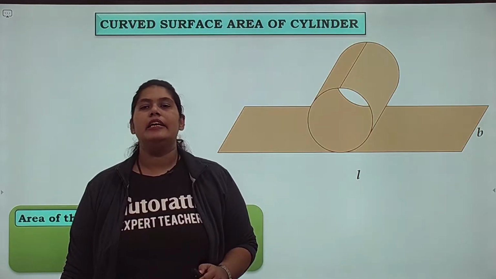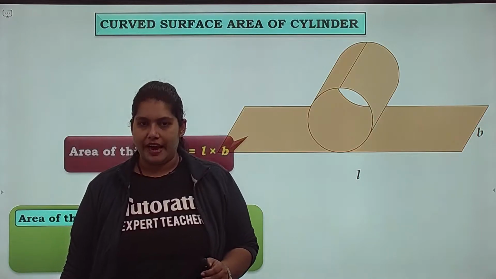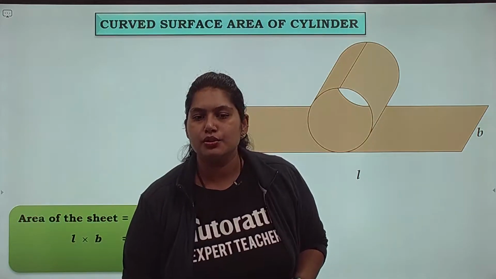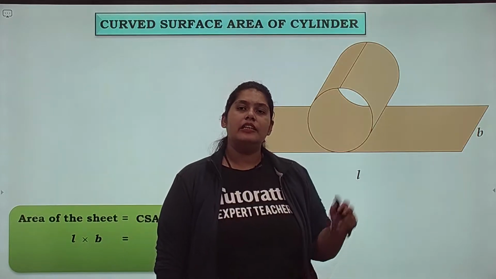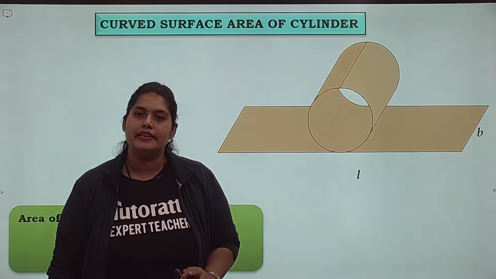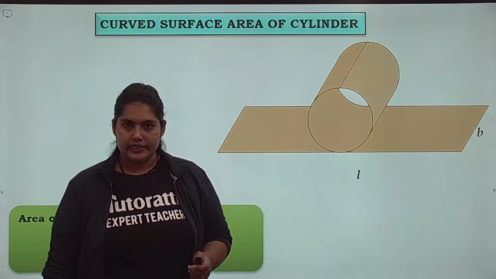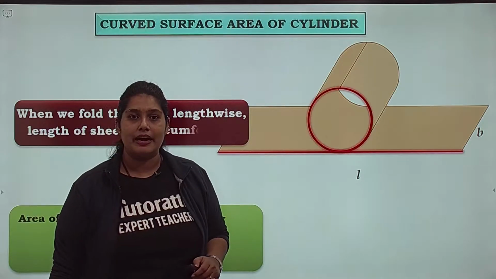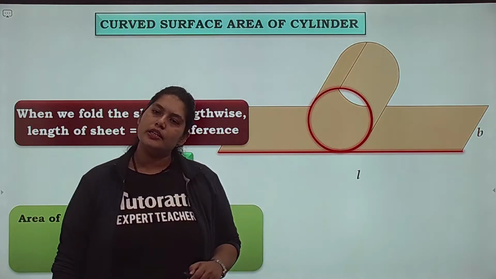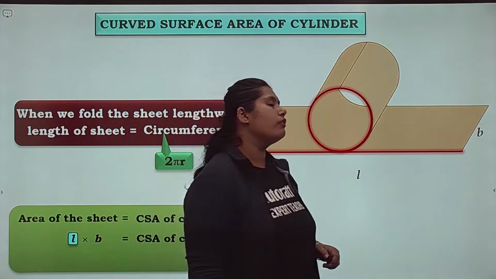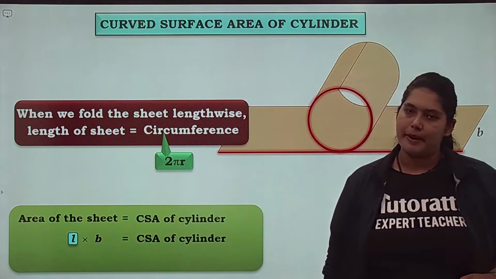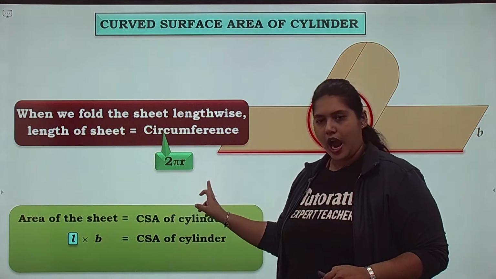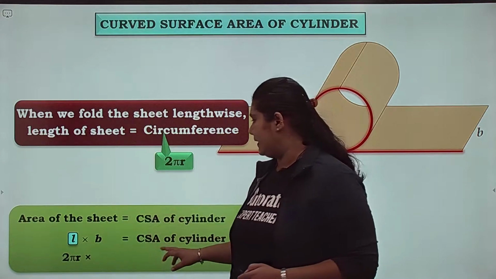So basically if I substitute the values, I'm going to get the area of the sheet as L into B. So the curved surface area of my cylinder is L into B. Clear? But what is L? L is my circumference. And what is my circumference children? My circumference is 2 pi r, that is 2 times pi r, isn't it? So I'm going to replace that here.